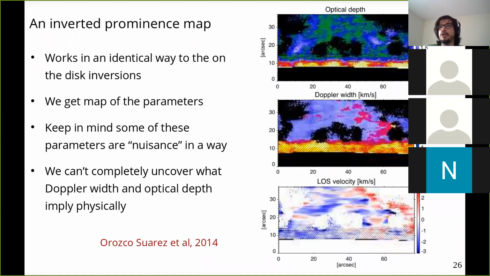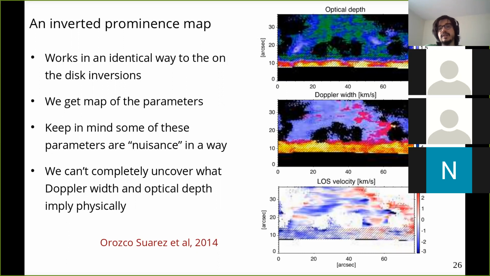But we know that there are so many processes entering the Doppler width of the lines, like turbulence and other stuff, and maybe some more large scale movements. So prominences are really, really cool. There's a lot of amazing physics happening there. And I'm not a solar physicist, so I don't know exactly what physics, but I know it's super cool. And also, to disentangle these maps of the Doppler width is amazing, but probably impossible, right?